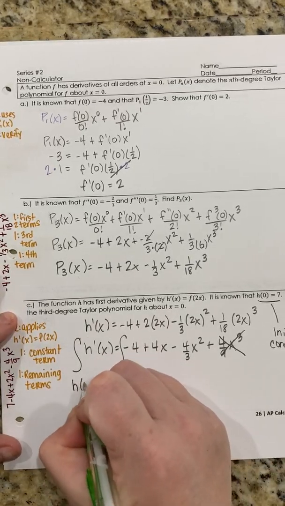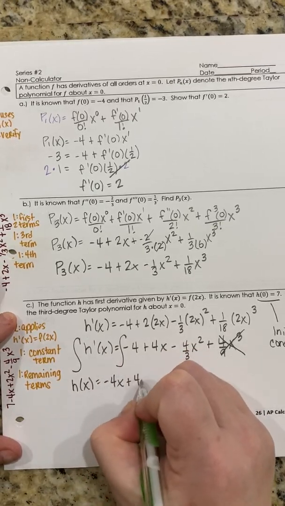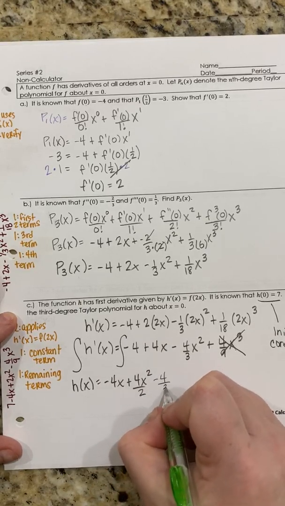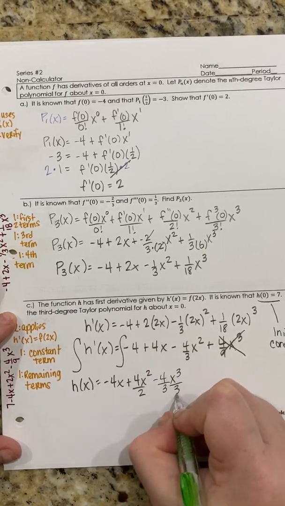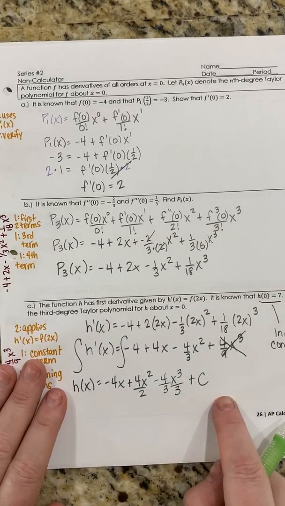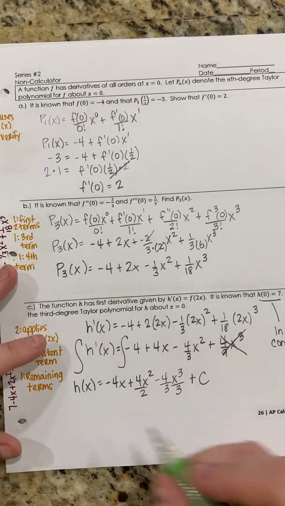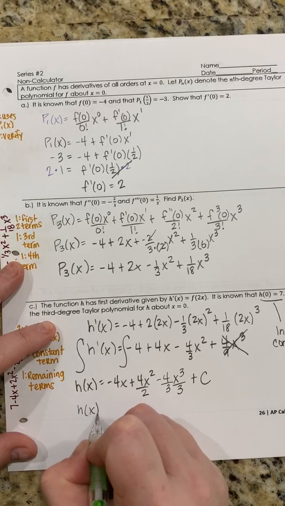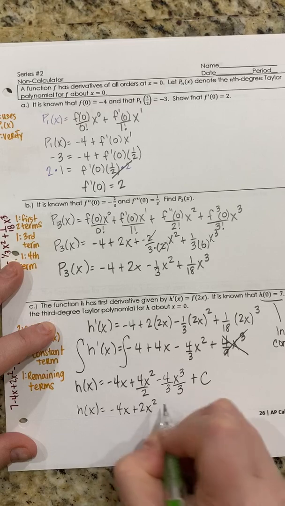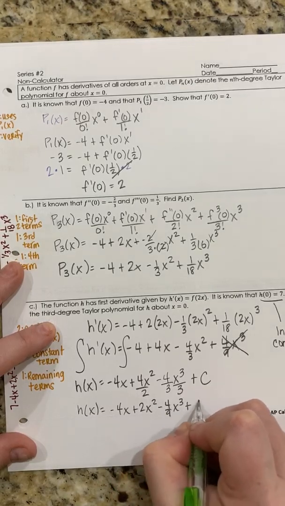So h of x equals negative 4x plus 4x squared over 2 minus 4/3 x to the third over 3 plus c. I now have a third degree Taylor polynomial. I didn't need that last term. So h of x equals negative 4x plus 2x squared minus 4/9 x cubed plus c.